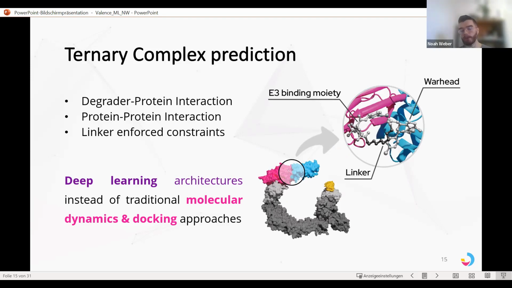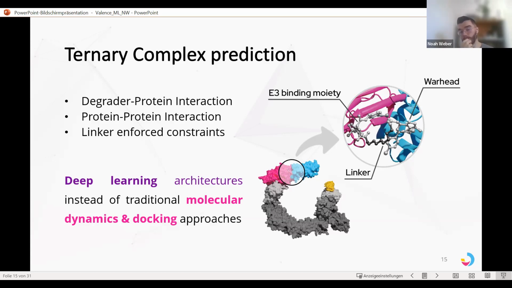First, the degrader protein interaction, then the protein-protein interactions, and then what are the constraints that happen once I insert my linker, which surprisingly, even being the smallest molecule here, has big impacts on the outcomes of the whole ternary complex story. So we need to take these different interactions and constraints into account.